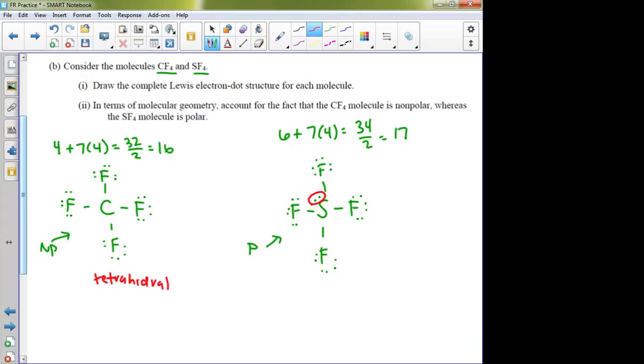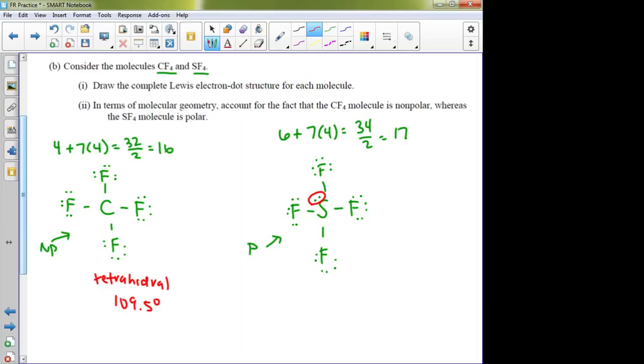All of these fluorines are exactly how many degrees apart? 109.5. So is the charge completely spaced out evenly? Yes. What happened when I added this lone pair over here with the sulfur? It's going to cause these fluorines to be pushed and bent.